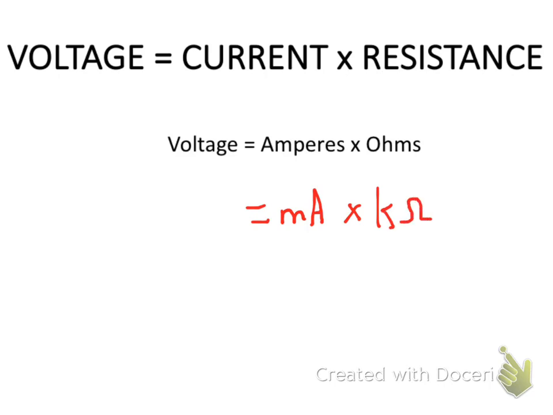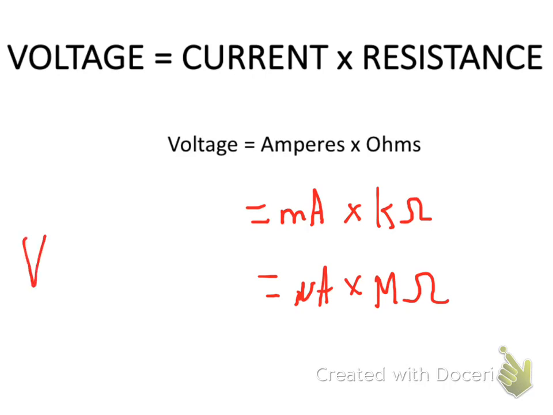The minus 3 and the 10 to the 3 cancel, and you're left with volts. Likewise, microamps, 10 to the minus 6, times mega ohms, 10 to the plus 6. Again, they'll cancel out and give us the base unit of volts.